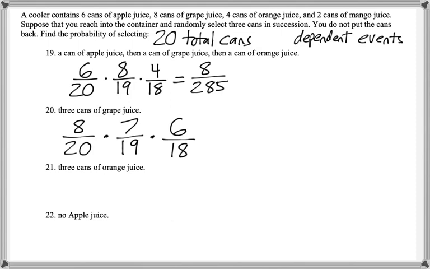And then the third probability is 6 over 18 because there's only 6 cans of grape juice left over 18 total cans. So we are subtracting 1 not only from the numerator but from the denominator as well. And if we multiply and reduce, we get 14 over 285.